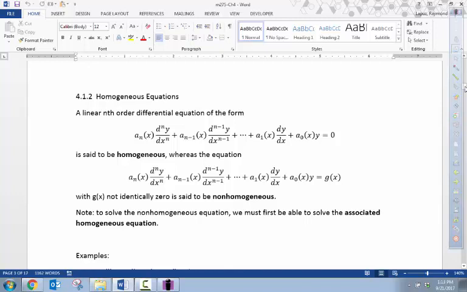So homogeneous is something where you put in tx and ty, and then you factor out t, and you get t to some power. Anyways, this is different. This definition of a homogeneous equation is saying that your differential equation is set equal to 0. So that would be more in line with the linear algebra definition of a homogeneous system as being set equal to 0.